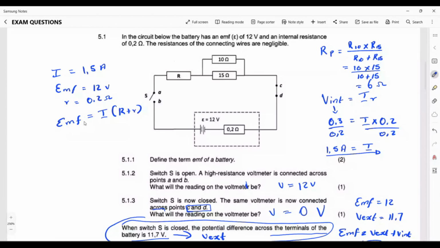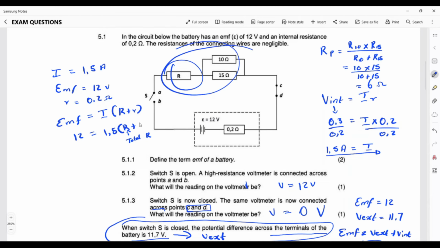Our EMF is 12, our current is 1.5, and the total resistance we don't know. Remember this one is the total resistance, not this R, not that r. It's the sum of those resistors.